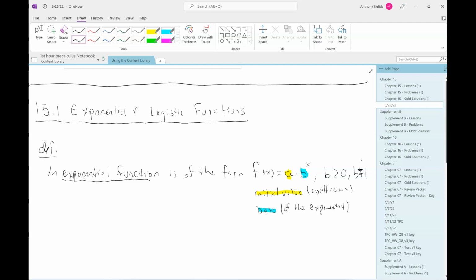So this would just simplify down to a, which is not an exponential function. That's a constant function, just y equals some value. We don't want to count those because we've already talked about constant functions when we talked about linear functions. So we don't want to include those here. Does that feel okay?